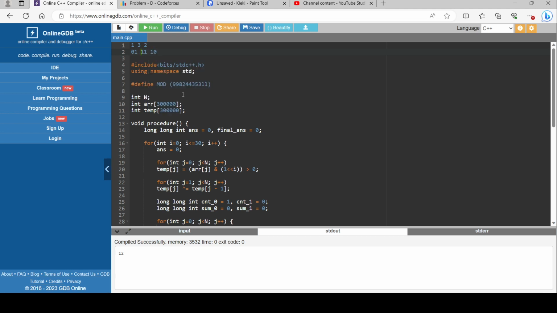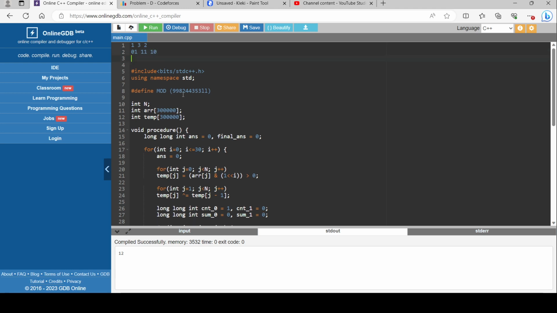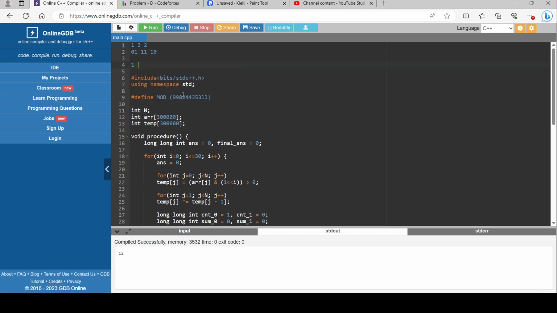Just consider the last bit only. So the last bit array would be 1 1 0. Its contribution is 1. So basically, in the initial state, temp would be storing the bits till that point.